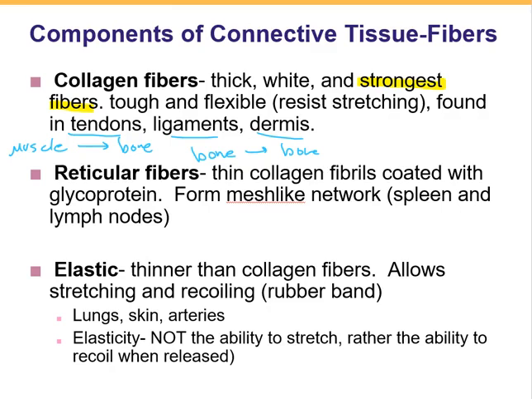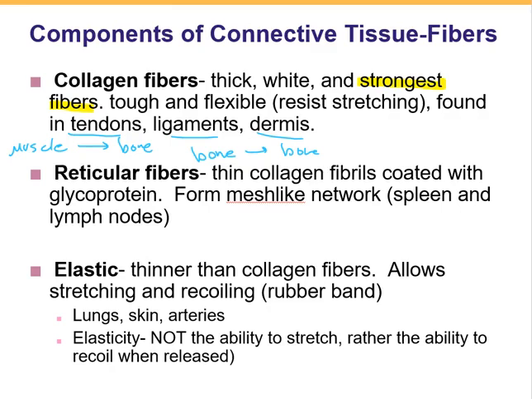Next is elastic fiber. These are thinner and more stretchy than collagen fibers, kind of like rubber bands. They allow tissues to stretch and then snap back into shape, providing elasticity. You'll find them in organs like the lungs, skin, and arteries, where flexibility is important.